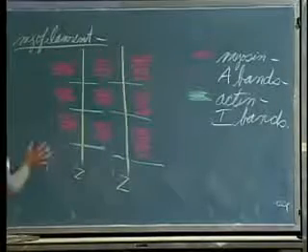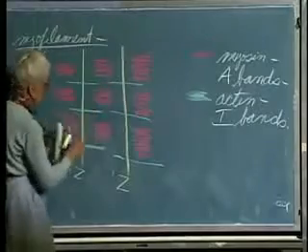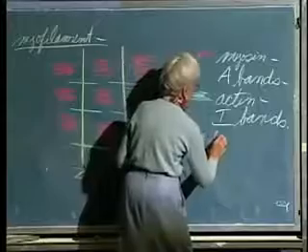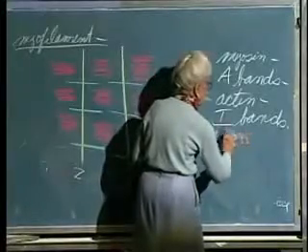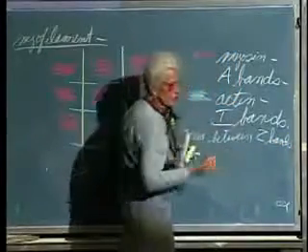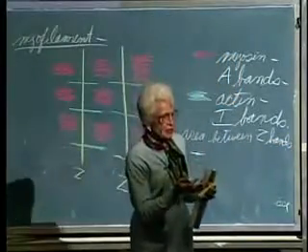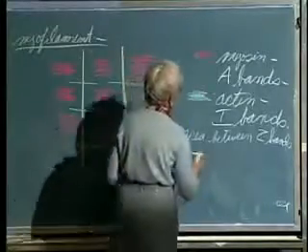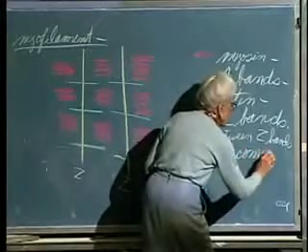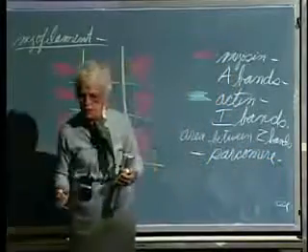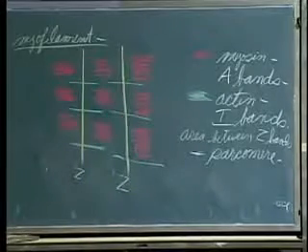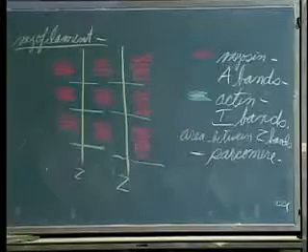Now, what's the area between the Z bands called? That's called your, somebody said it over here a moment ago, sarcomere, right. So how are we going to define a sarcomere? A sarcomere is the structural and functional unit of skeletal muscle.